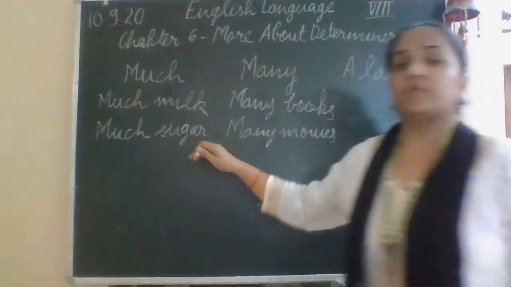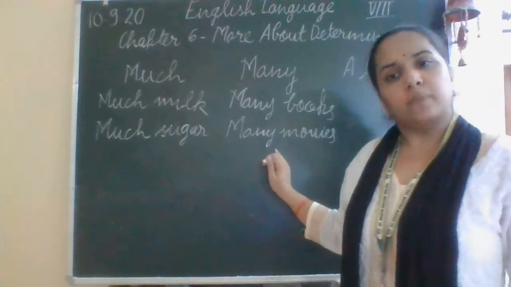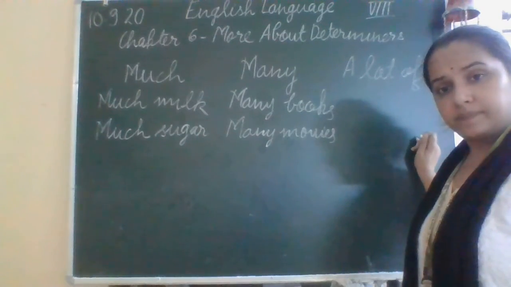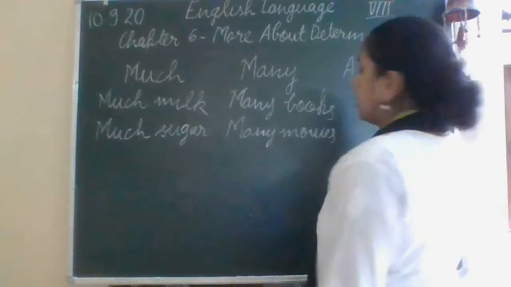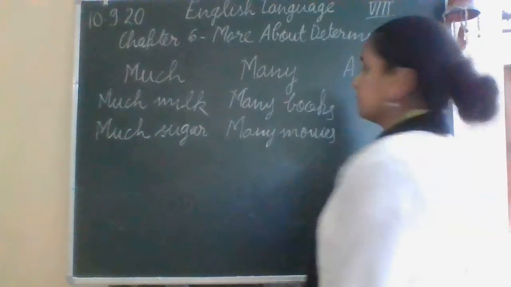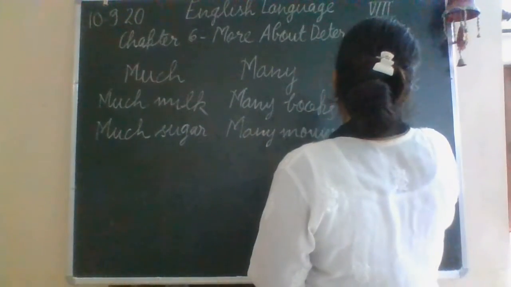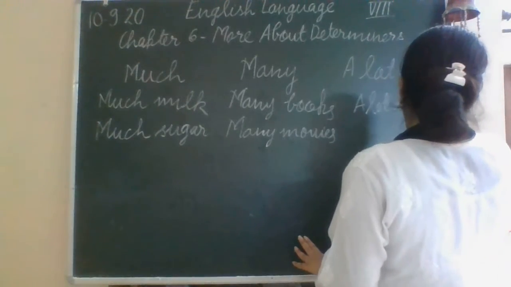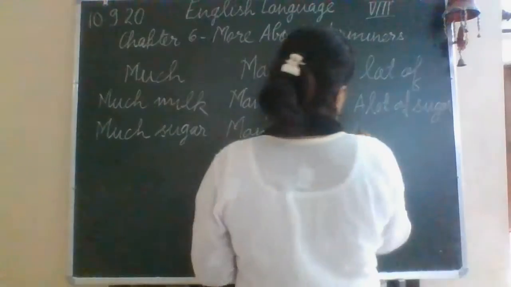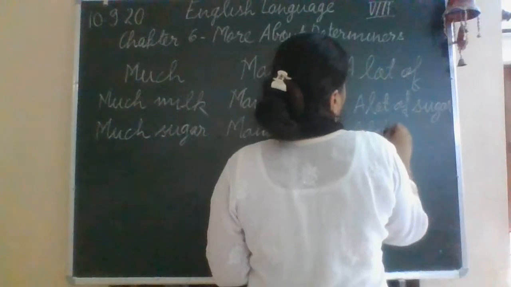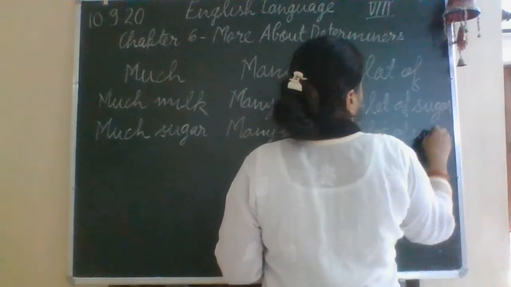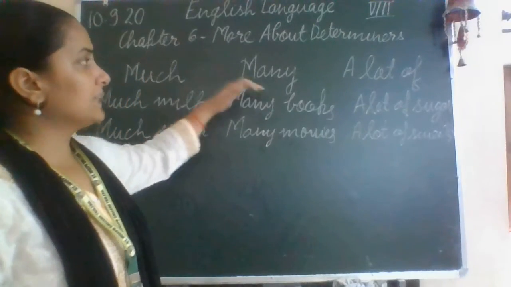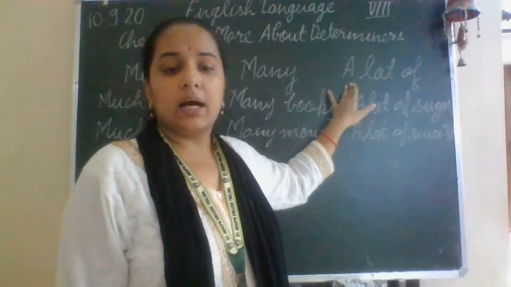You cannot say I watched much movies, I watched many movies, or you can say I watched a lot of movies. So a lot of sugar or a lot of sweets. So in this way we will use much, many, and a lot of.